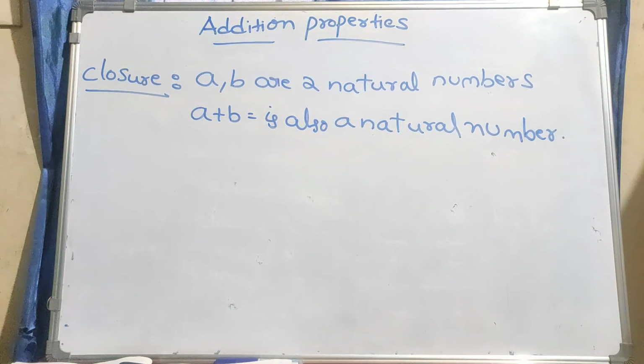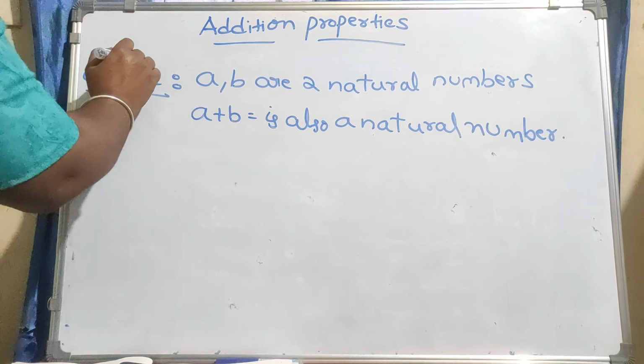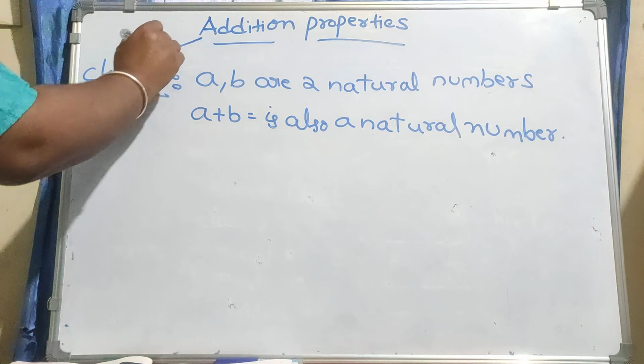A comma B are two natural numbers, A plus B is also a natural number. This is called closure property over the addition.